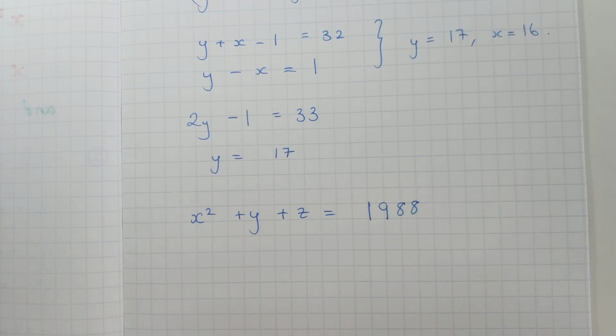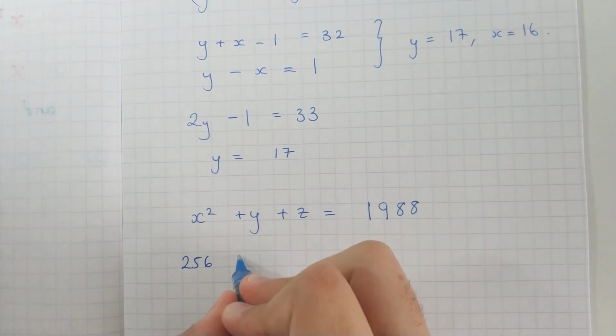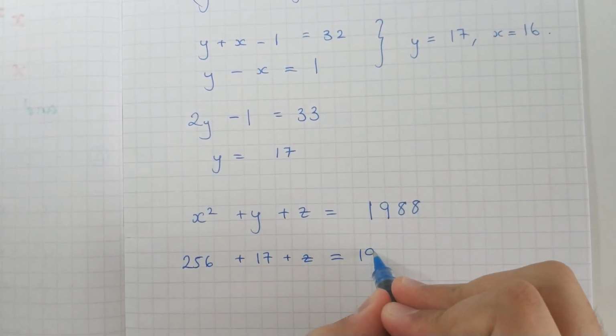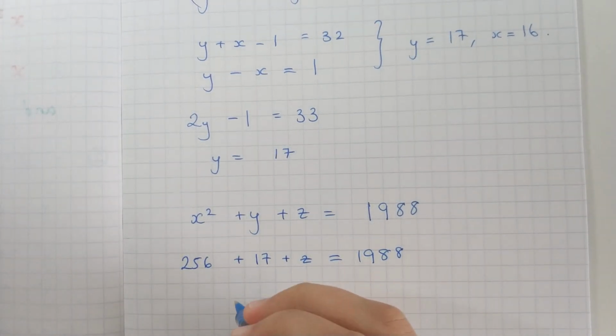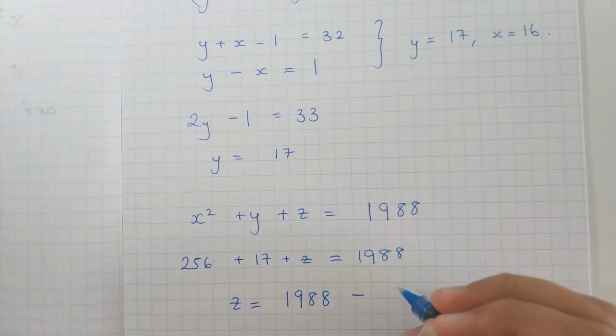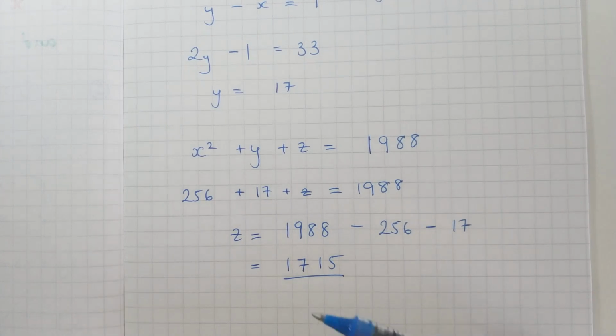You could have used the second equation of x plus y squared plus z equals 2020, but that's just up to however you want to go about it. So I'll substitute it in. I get 256 plus 17 plus z equals 1988, and this is the hardest bit now because now you have to do subtractions. So z equals 1988, take away 256, take away 17, and this comes out to be 1715.